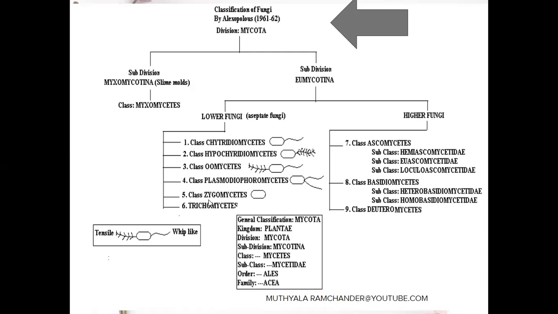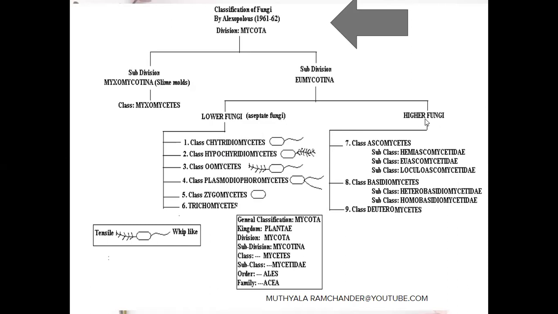They are placed in the class Zygomycetes. And Trichomycetes is the 6th class. These 6 classes are under lower fungi, which contain only filaments without any septa. So the 6 classes are also called aseptate fungi.